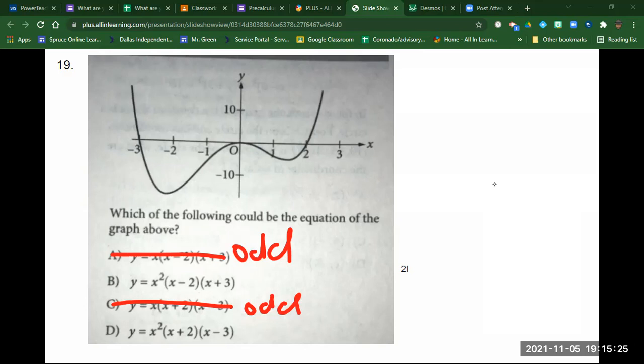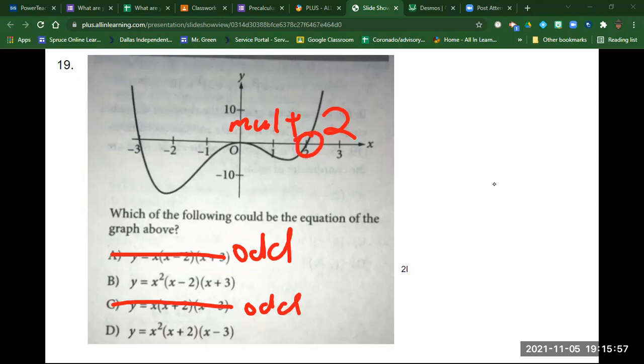And what really throws it around, you see that bounce? This is a double multiplicity 2. So both of these have that at 0, which doesn't buy us anything. But here, we have a 0 when X is 2, because X minus 2 is 0 if X is 2.